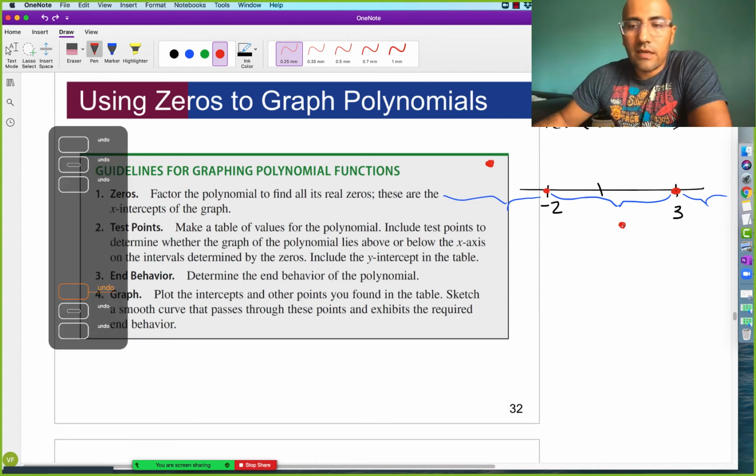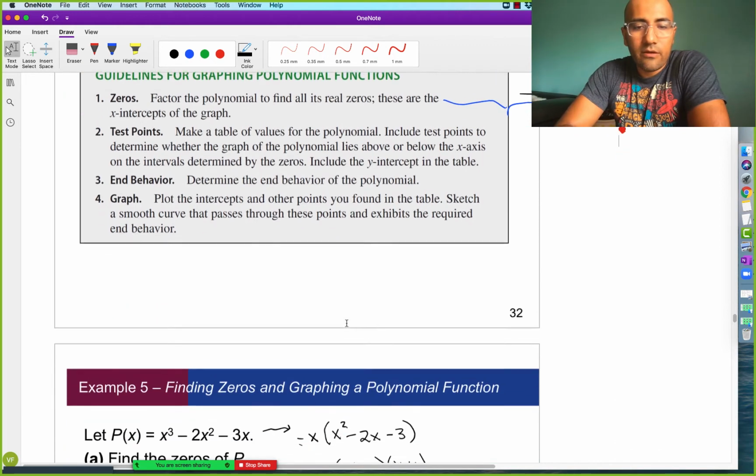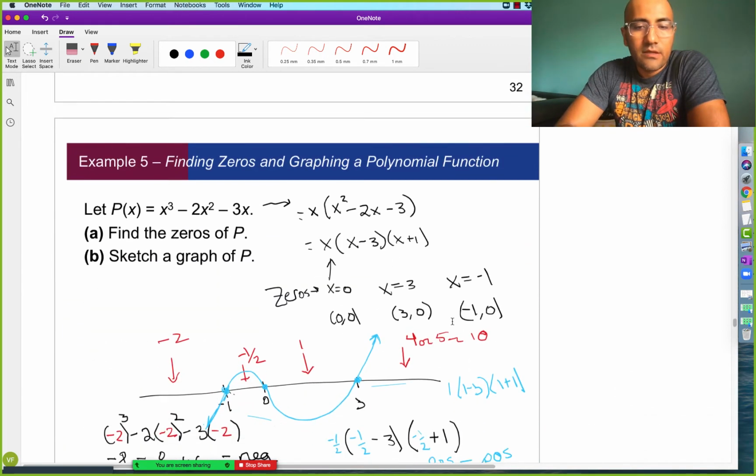But in some cases, the equation is really ugly, and you might just focus on whether it's positive or negative, so that we know whether it goes above the x-axis or below the x-axis. Good. Okay, so find test points, and then use end behavior of your polynomial to put it all together and sketch together a graph. Okay.